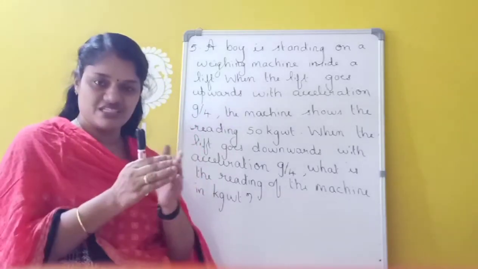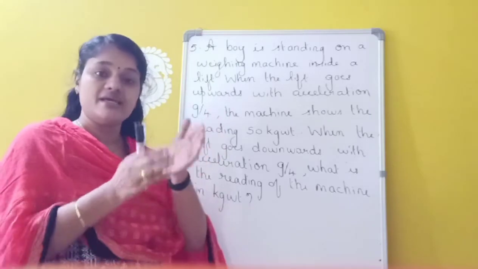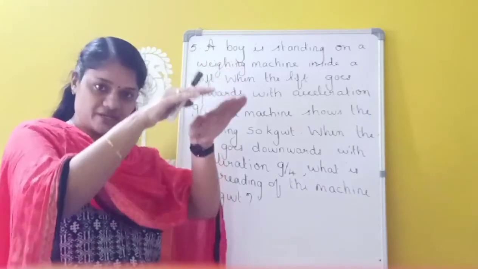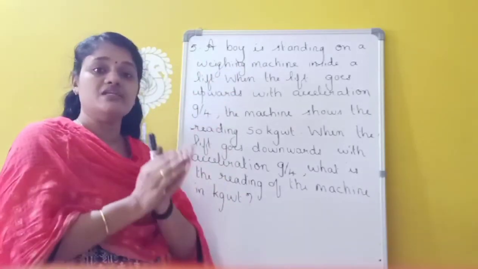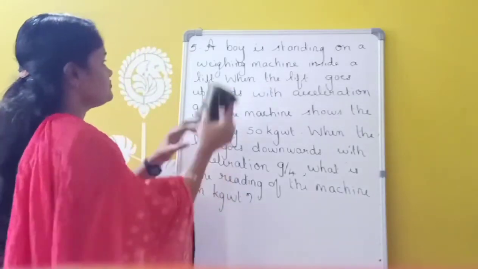Whenever this lift is moving upwards, the apparent weight of the boy will be increasing. And similarly, whenever the lift is moving downwards, the apparent weight of the boy will decrease. So we can see with the formula.